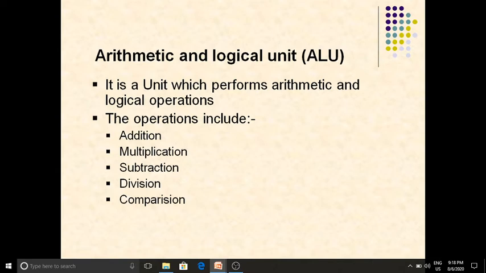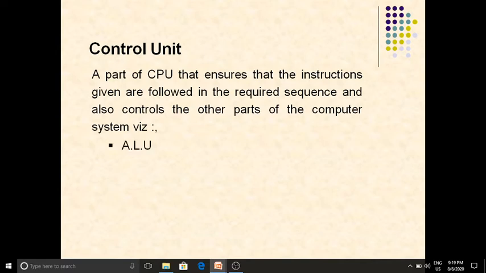These are the logical operations we have seen. So the operations are addition, multiplication, subtraction, division and comparison. This is one of the parts of the CPU, the central processing unit, the arithmetic logical unit, which is used for performing arithmetical and logical operations.